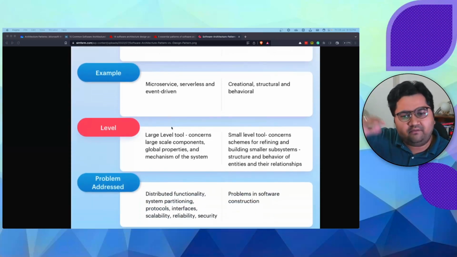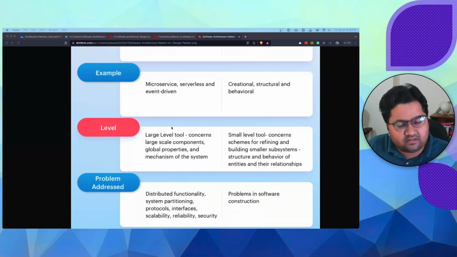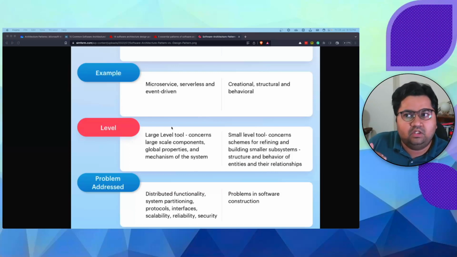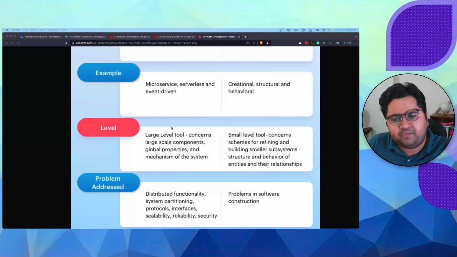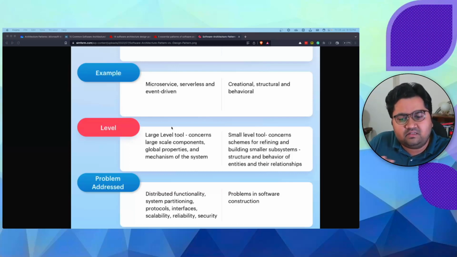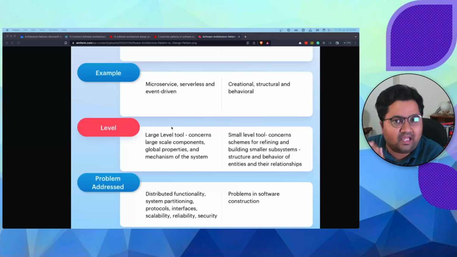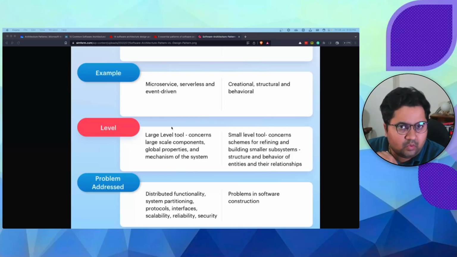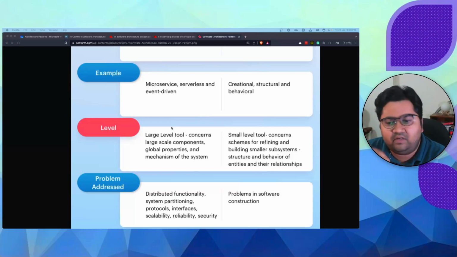When we talk of level, it's still a high level software architecture pattern, but the design patterns are very, very low level, and they give you enough details to build a subsystem, as the definition says. They address different problems. I think the architecture patterns solve more from a reliability standpoint. Commonly seen practices and challenges are usually what gets converted to an architecture pattern, while design patterns are more focused towards construction.